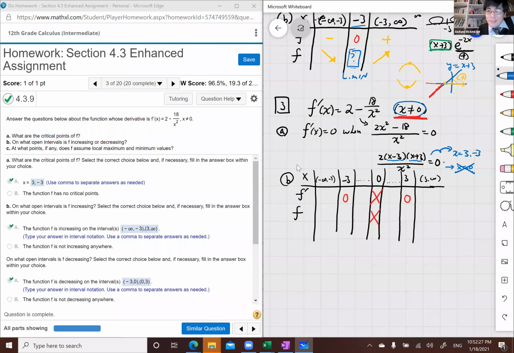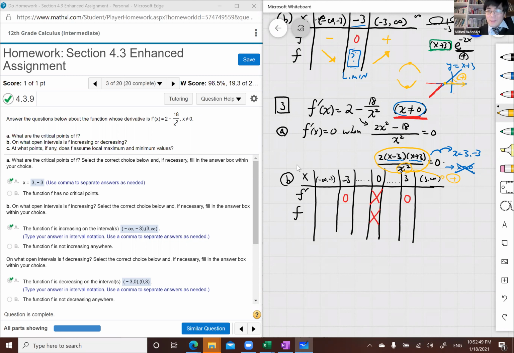How do we check whether it's increasing or decreasing? You are going to check for what value of x this is positive or negative. It's a complicated fraction, but please notice the denominator is always positive.